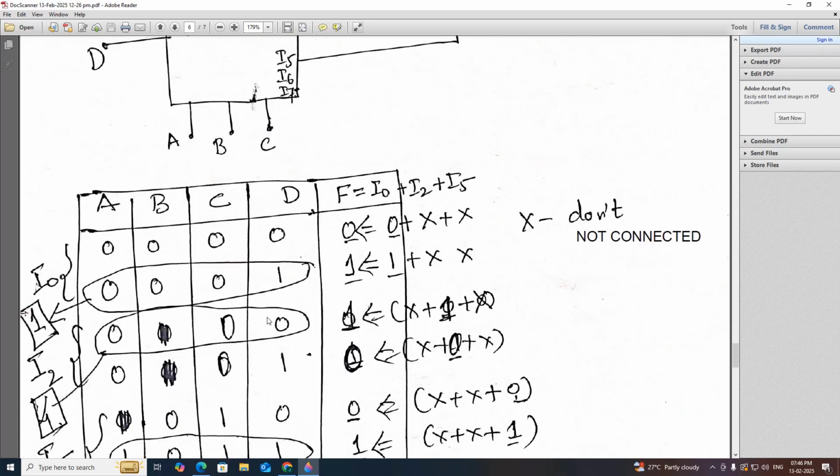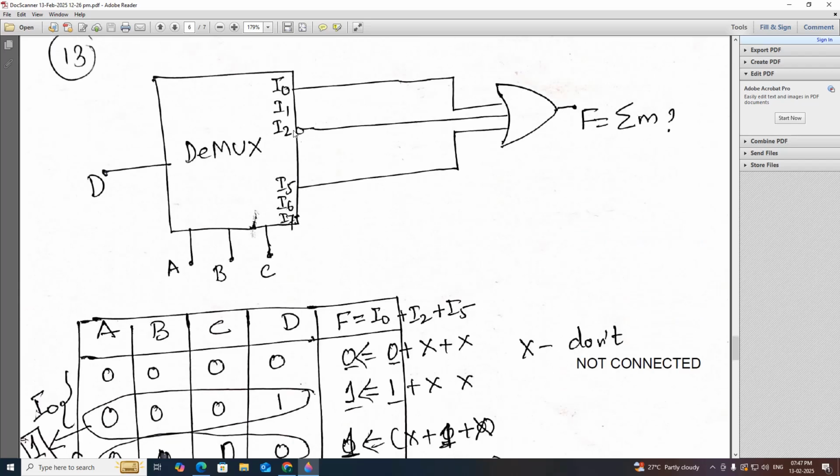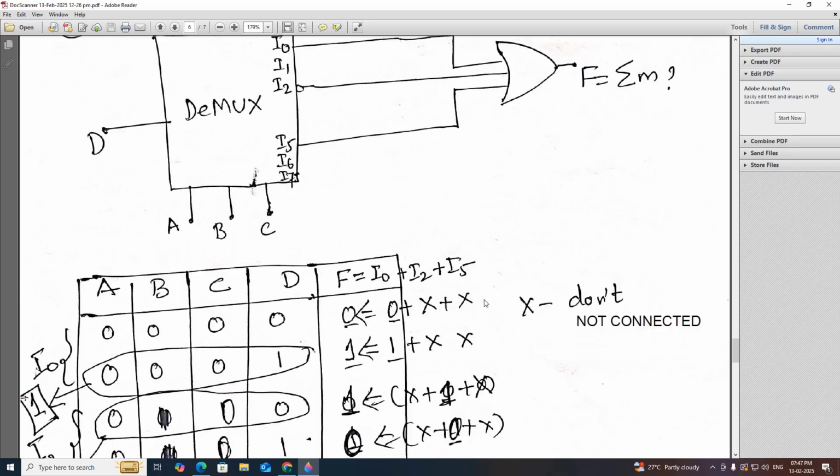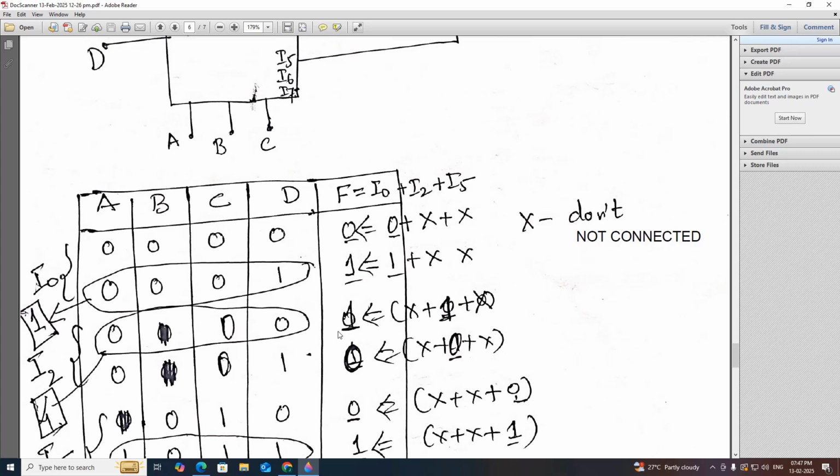Now what about data D? Remember, if D is 0, your I2 will be 1, and if D is 1, your I2 will be 0, because I2 is complemented. So F is simply I2. I2 is 1 here, F is 1 here. I2 equal to 0 here, F is equal to 0 here.